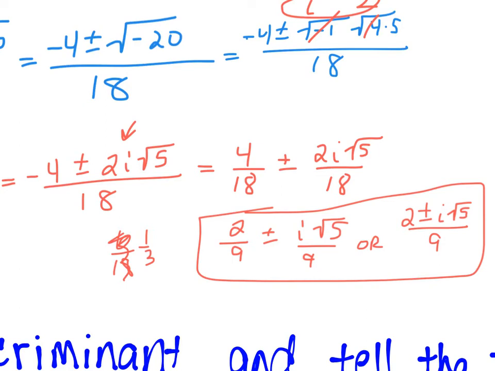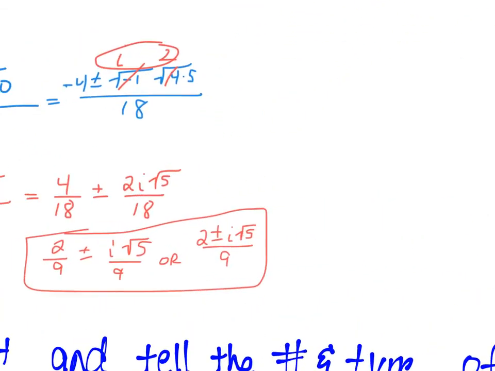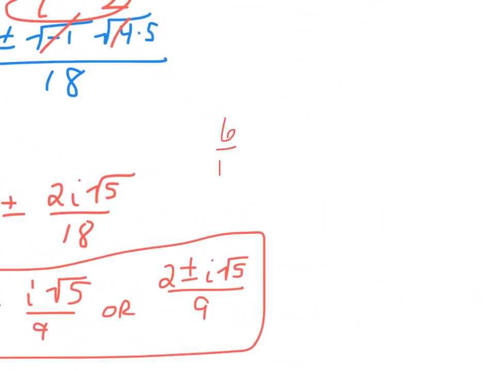Yes, sir? What if the right side doesn't go in at all? Like you just leave it the same? Well, that's what Valerie's just saying. Just pretend this was the answer: 6 over 18 plus or minus 2i. Hypothetically speaking, when you simplify this, you would get 1/3 plus or minus i root 5 over 9.